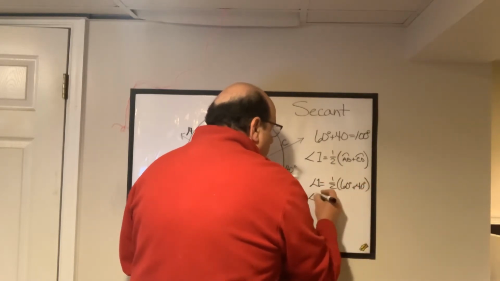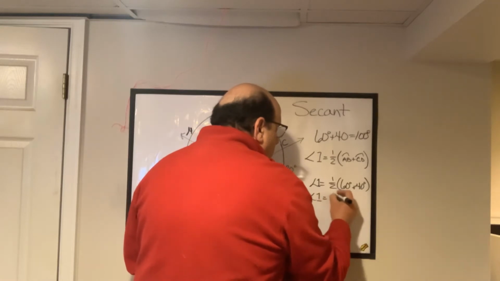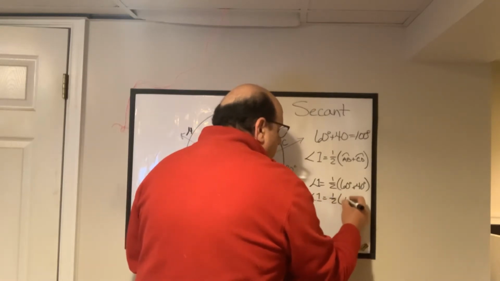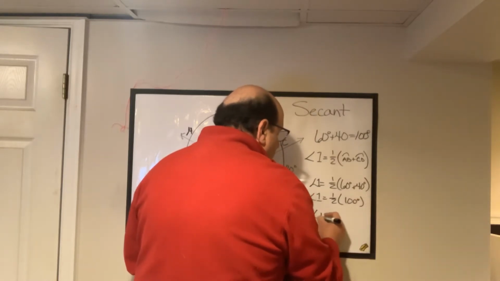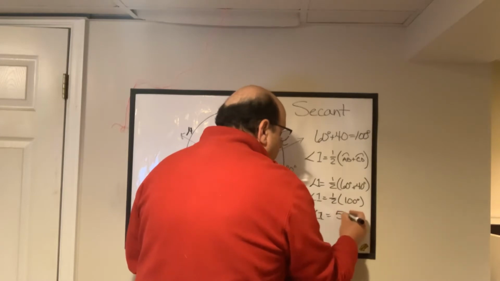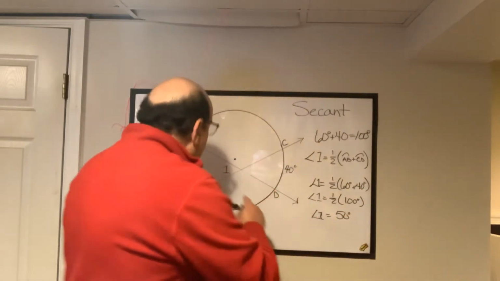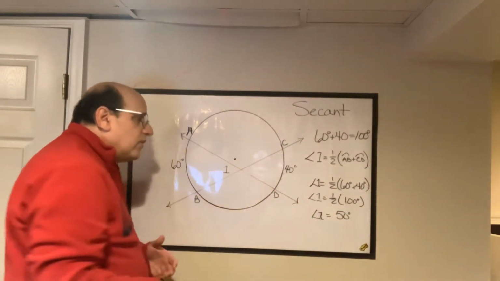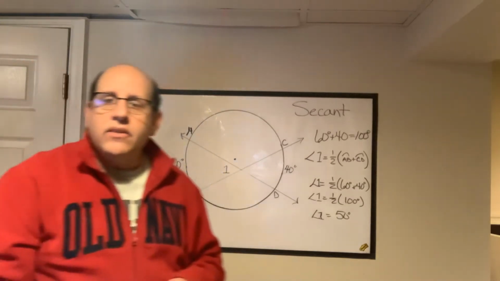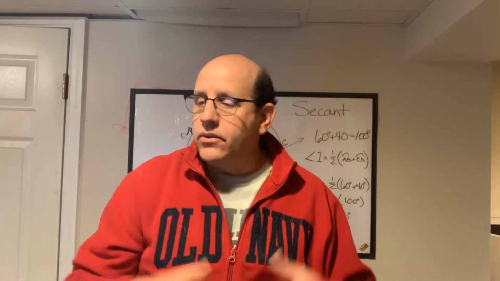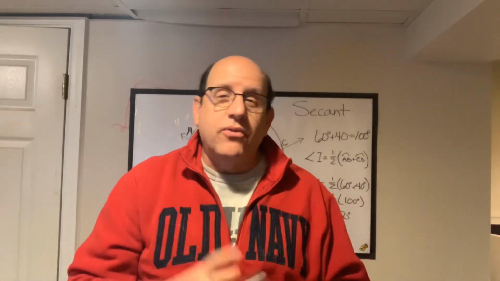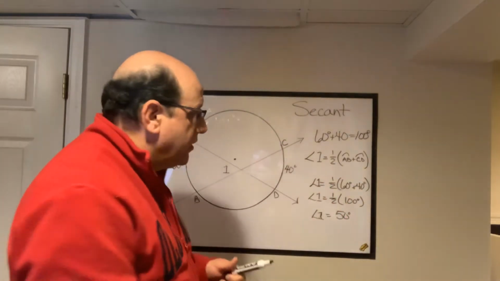Angle 1 is equal to 1/2 of 100, and therefore angle 1 is equal to 50. If angle 1 is 50, this is a vertical angle, and that's 50 as well. So there is the first type of problem you're going to see.